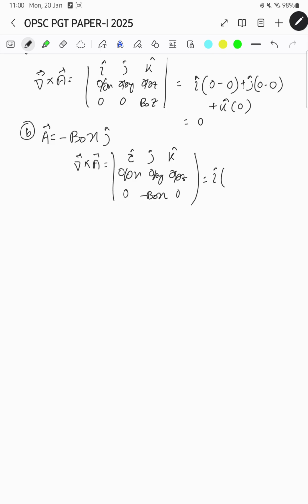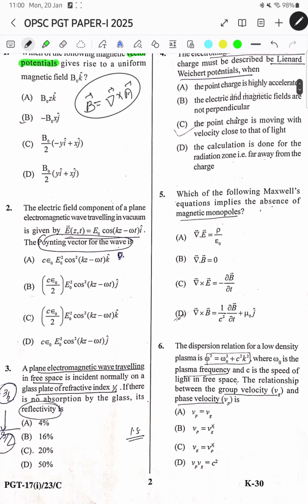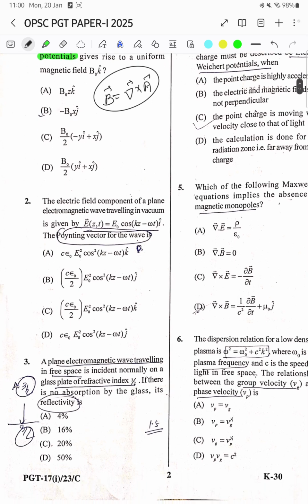So the determinant will be i cap 0, plus j cap also 0, plus k cap, we have dou by dou x of minus B0 x, so minus B0, minus 0, so we have minus B0 k cap, so it is non-zero. This could be an answer. Let me check the other options also.